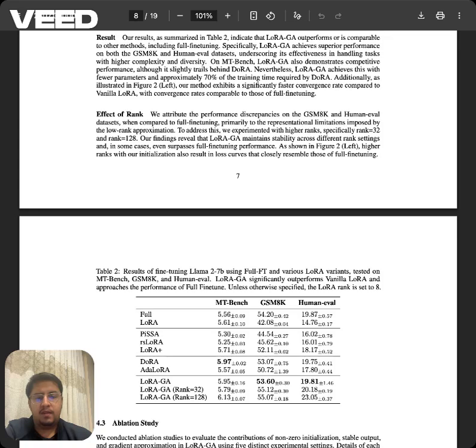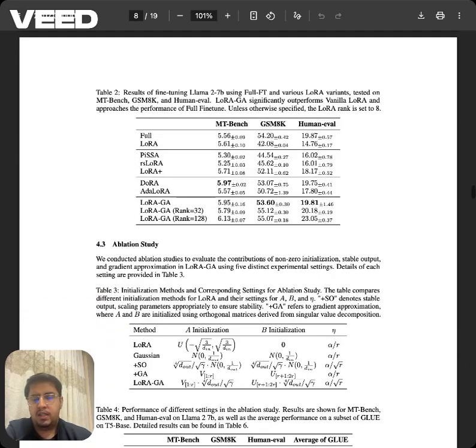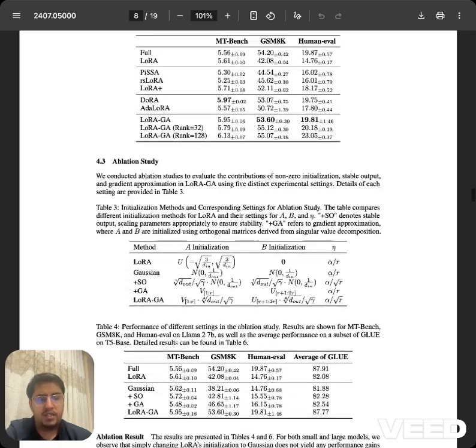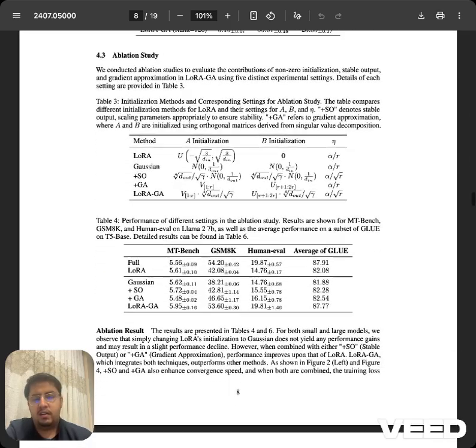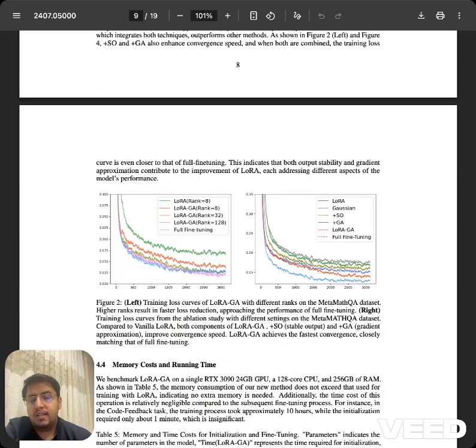Following this, the authors have done tests on rank sensitivity and stability, examining the robustness of the model. Most of these results show that vanilla LoRA can vary slightly based on how the rank is initialized, whereas LoRA-GA is a little more stable in that regard.